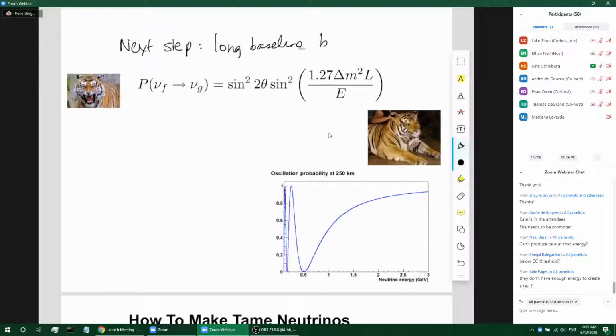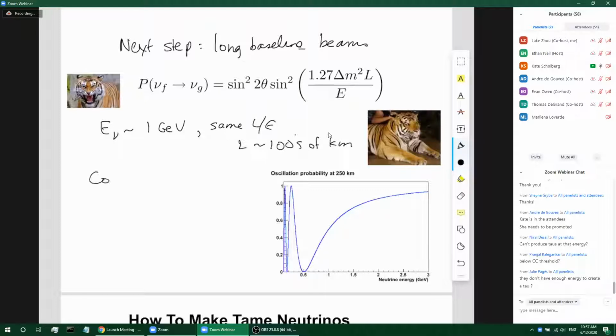The simplest way to describe it, what you're trying to do is generate neutrinos. If you can generate neutrinos at the GeV scale, to get the same L over E that corresponds to a baseline of some hundreds of kilometers. Okay, so that's why it's a long baseline. You've got to have at least hundreds of kilometers.